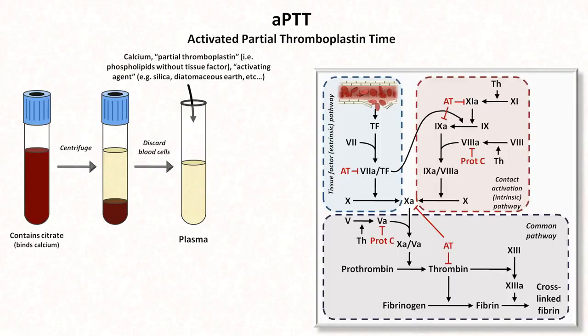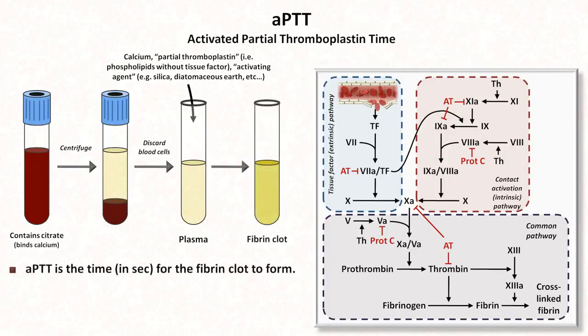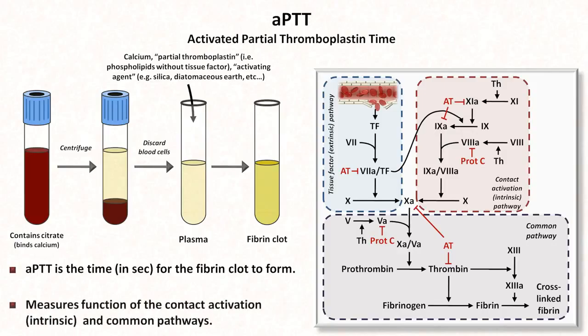This partial thromboplastin consists of phospholipids without tissue factor. And without tissue factor present, an activating agent must be added in its place, which is often silica or diatomaceous earth. As with the PT, the PTT is the time in seconds it takes for the fibrin clot to form. The PTT measures the function of the contact activation and common pathways.